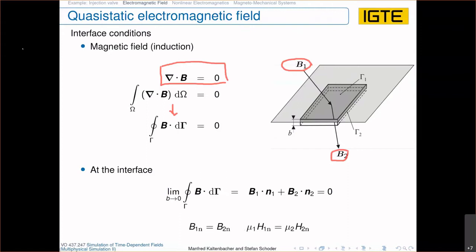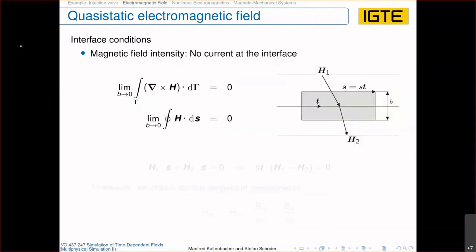Now we are also interested in the tangential component of B or of H. For this, we use Maxwell's equation in integral form, the first Maxwell equation, which comes from Ampere's law.